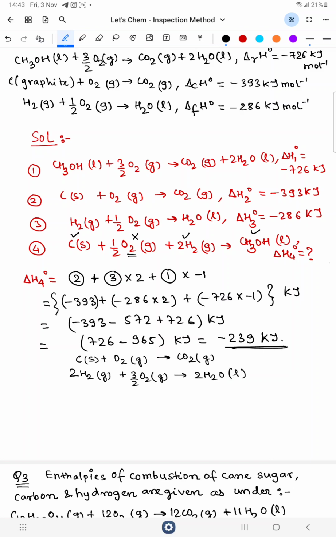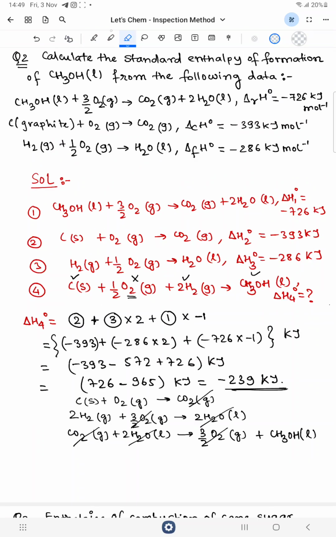And first reaction into -1. Okay, so yeah, this will become 2O2, or we can write it as O2. Right, what can we write this as? O2 gas, 2H2.